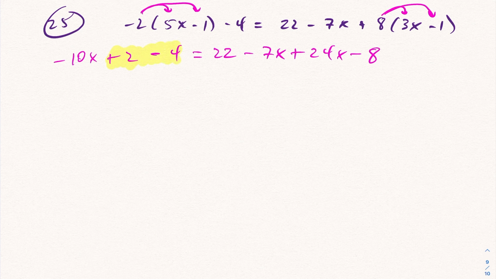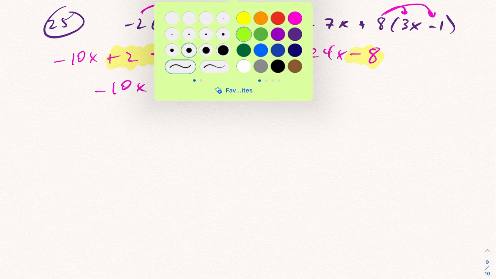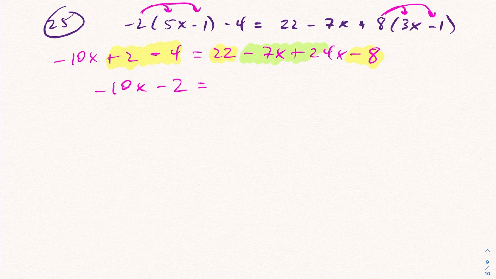We have like terms between these two here, so this becomes negative 10x minus 2 equals, once again here we have like terms between the 22 and the minus 8, and then we also have like terms between the negative 7x and the positive 24x. So in this case here, the 22 minus 8 becomes 14, and the negative 7x plus 24x becomes positive 17x.